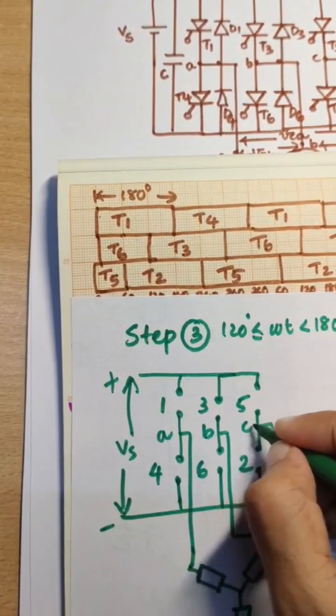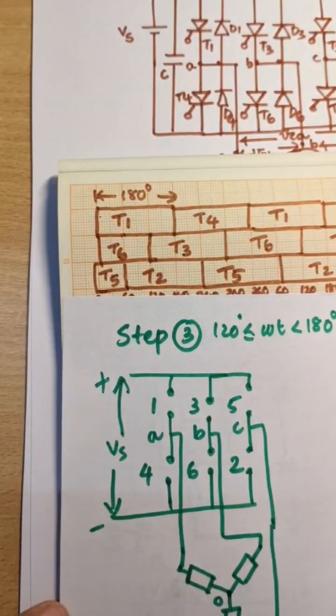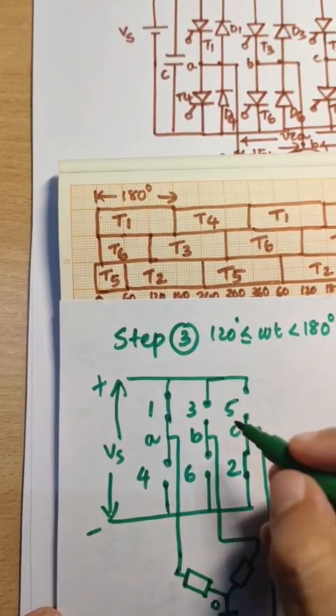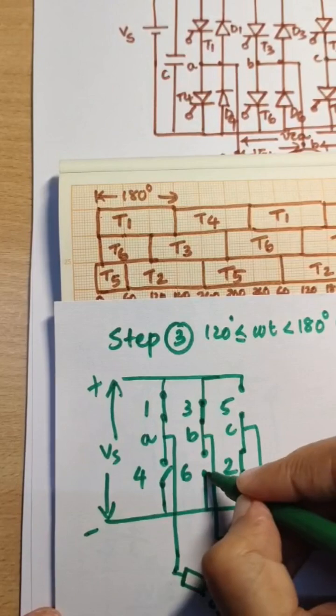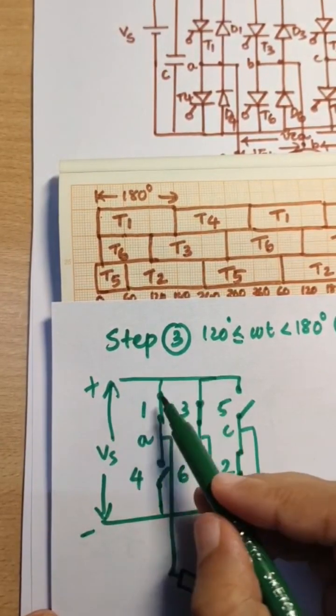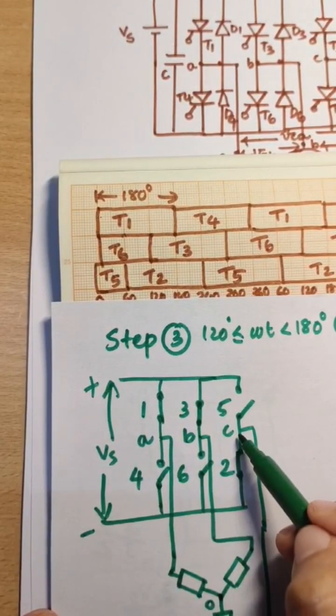A, B, C. This is the neutral point. So 1, 2, 3 are closed, and the rest of the switches are open. So positive is connected to phase A and phase B. Negative is connected to phase C.